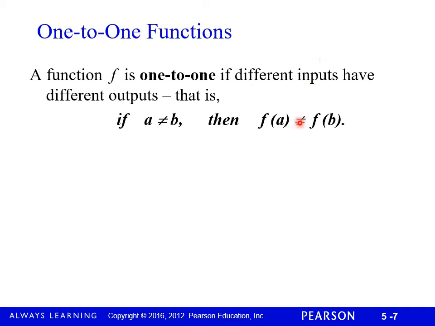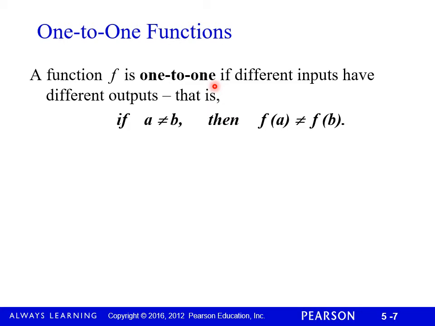What this is saying is if our input a is not equal to b, these are x values, then the y values cannot be equal either. So if our inputs are different, then the outputs are different, and that's how we know it's one-to-one.